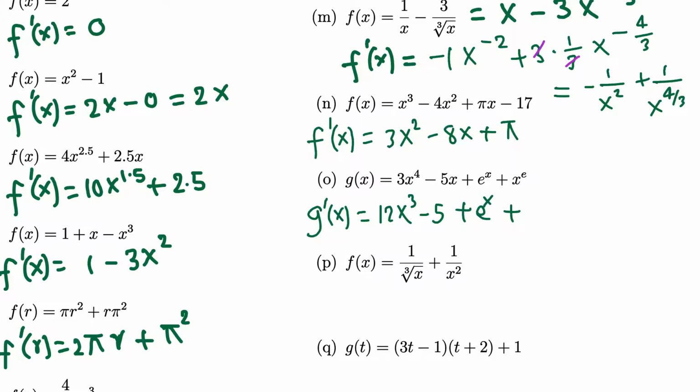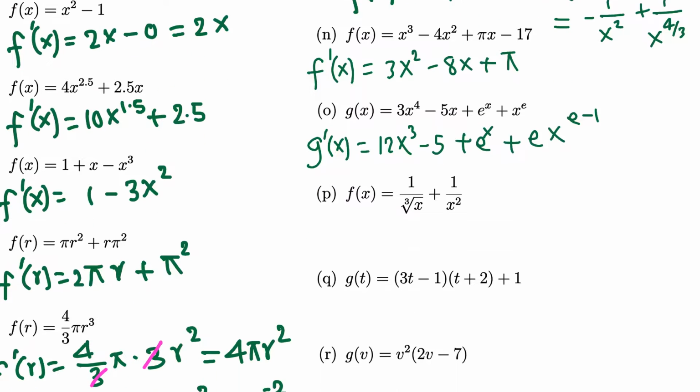This is not an exponential function, so we can use the power rule, because it is x raised to some number. From the power rule, this number e is an irrational number whose value is about 2.7, so e x^(e-1).